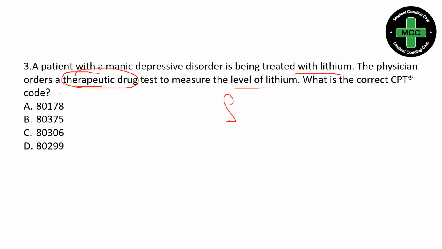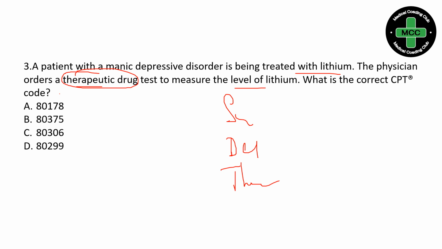One is the screening or presumptive test, the next is the definitive test, and the last is the therapeutic test. In a screening test, the provider will just screen to check whether any kind of drug is present in the patient's body or not.